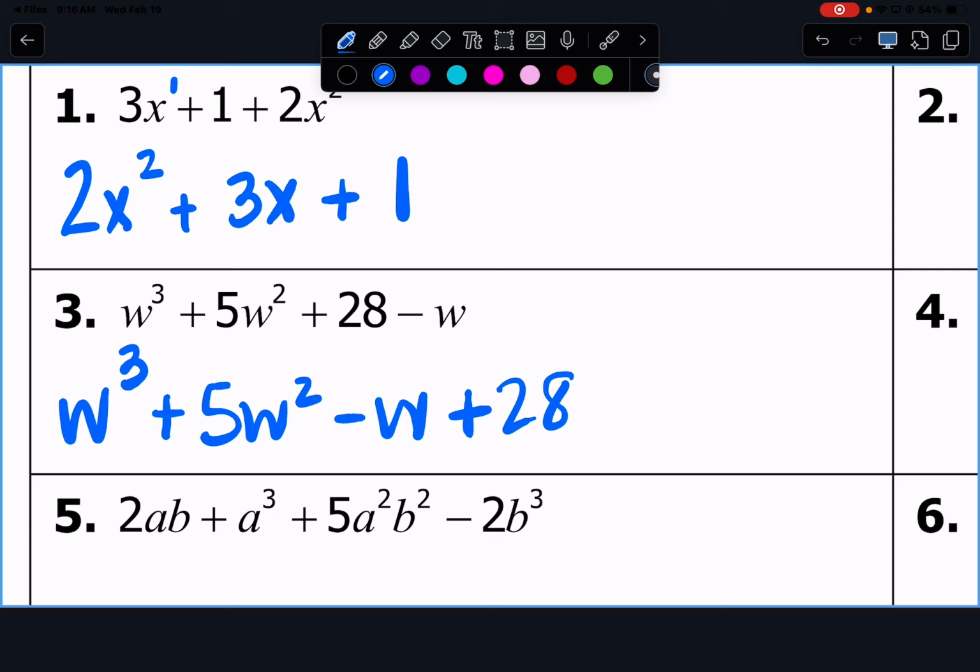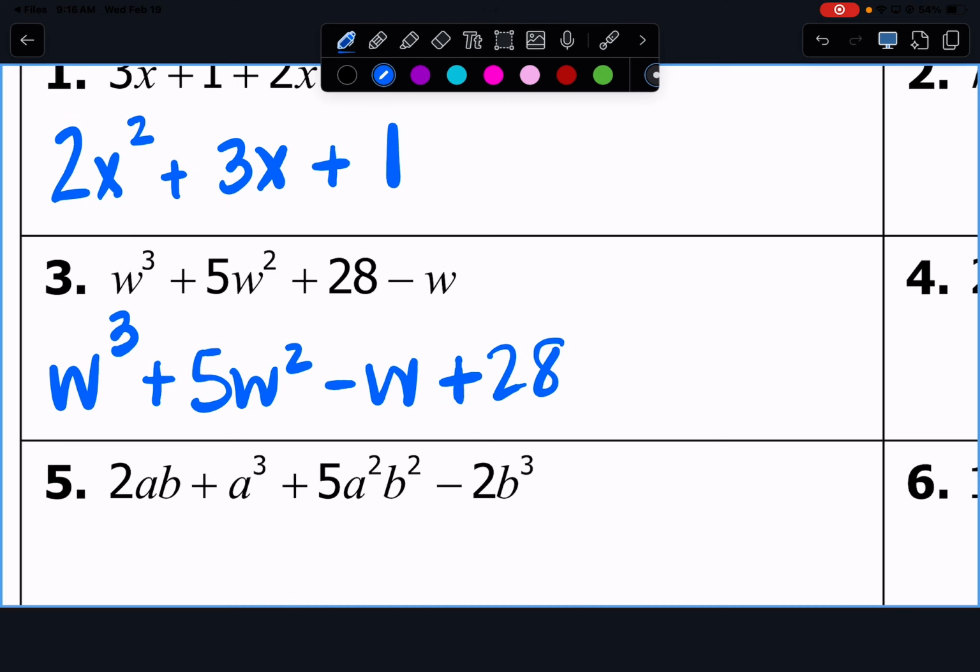Now, number 5 is an example of where we have multiple variables. Okay, so when we do this, which comes first, A or B? A. So what we're going to do is put A in order of biggest to smallest exponent. So we're going to start with A to the third. Then what term does A have the next biggest exponent in? 5A squared, B squared.